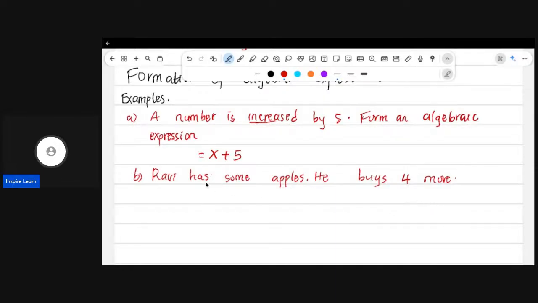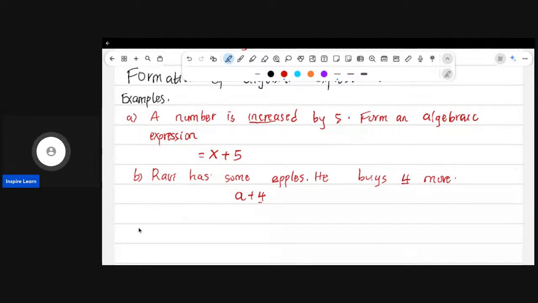It means we have some apples. Remember, these are apples that we don't know how many there are. They are our unknown, or the variable. So let's say we can use A for the apples. Then we are told that Ravi bought 4 more. So that means it is going to be A plus 4.